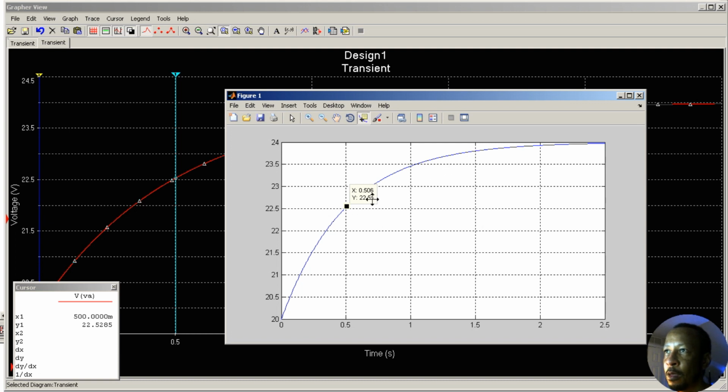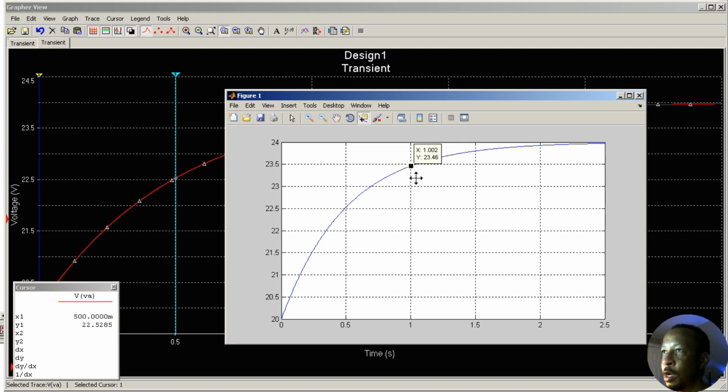Okay, so 0.506, we have 22.55. This is 22.52. That's good enough. Let's see if we can go a little lower. I have 22.53 here. That's approximately 22.53 there. So that checks out very well. I have no complaint with that.